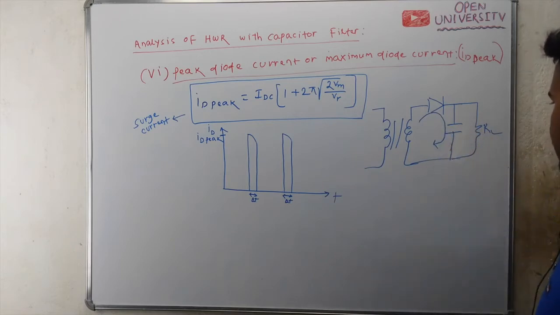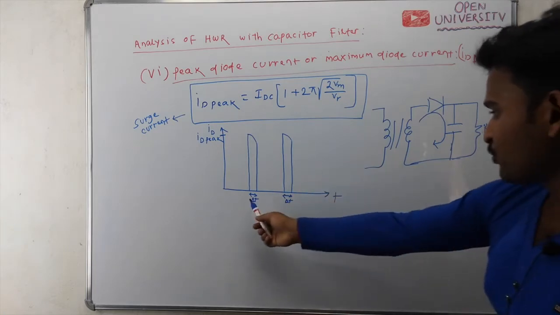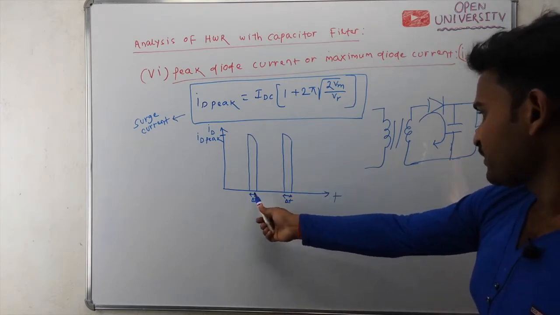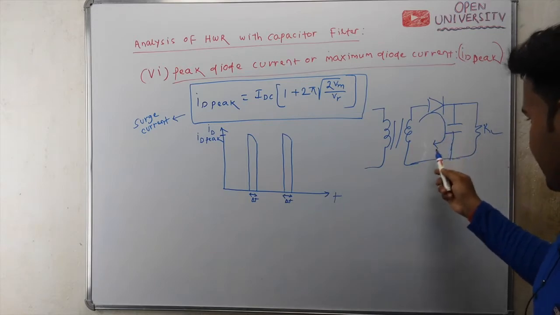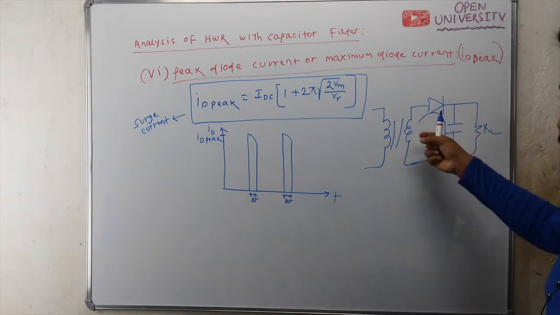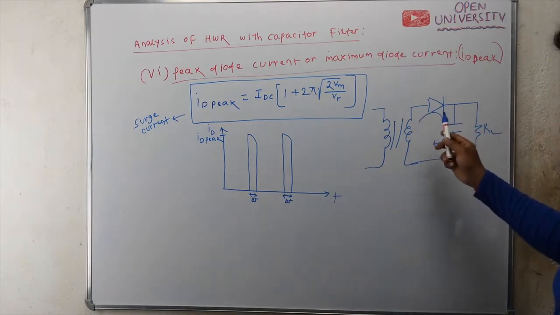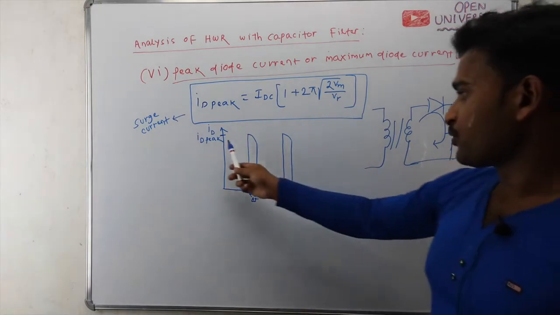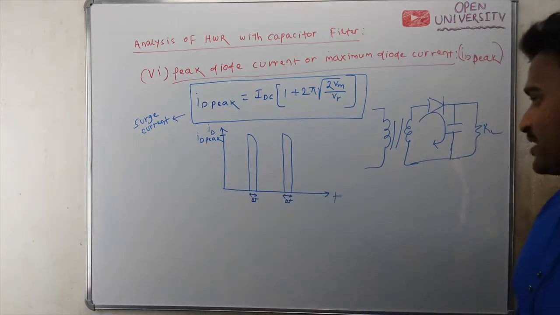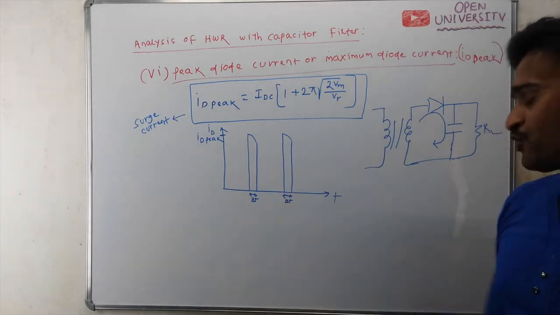In this interval delta t, your capacitor will be charging. In this interval it will draw a very heavy current through the diode. This heavy current is nothing but your peak diode current, or maximum diode current, and that peak diode current is also known as surge current.